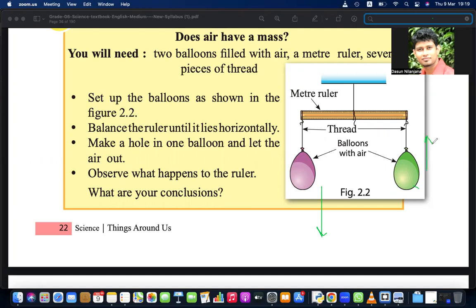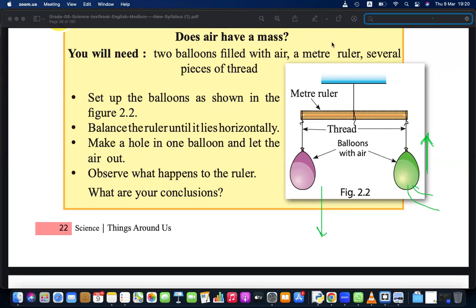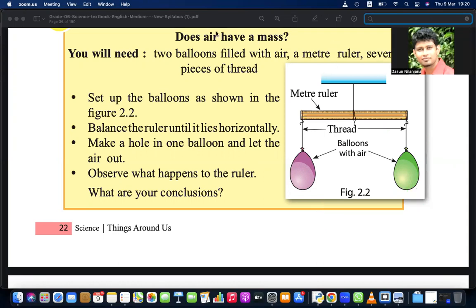The reason is the air occupying the balloon also has a mass. The reason for this is that the air inside the balloon also has weight. When this air goes out, the weight decreases. When the weight decreases, the balloon goes up. Right? This experiment tells us that the air inside the balloon has weight. Okay, that is what we have learned through this experiment.